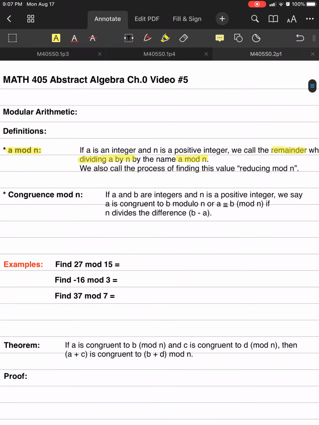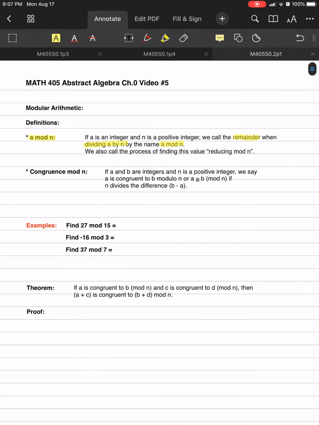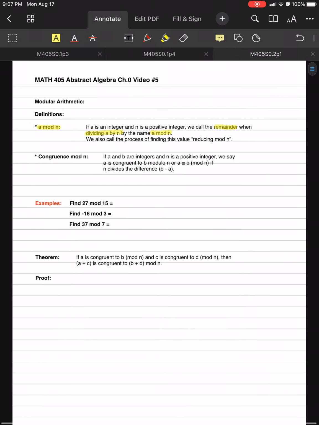We call this process, and the book doesn't use this term, but I do fairly often, reducing mod n. So if I ask you to reduce 18 mod 5, what I want you to find is 18 mod 5.